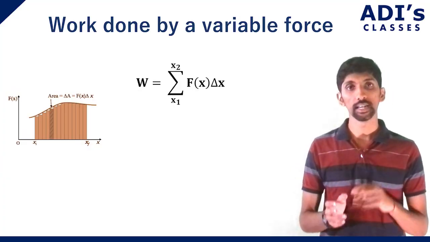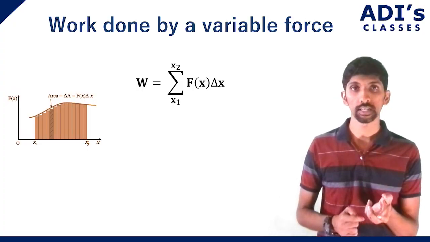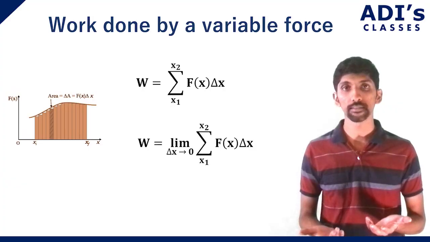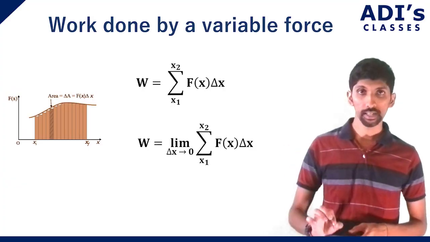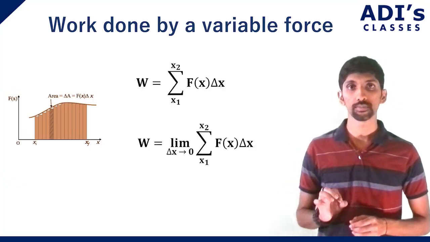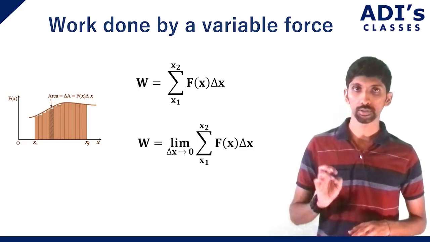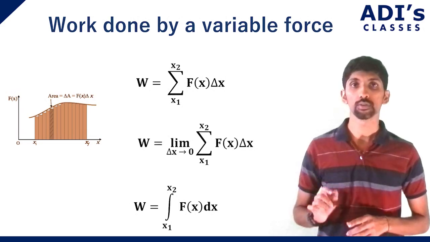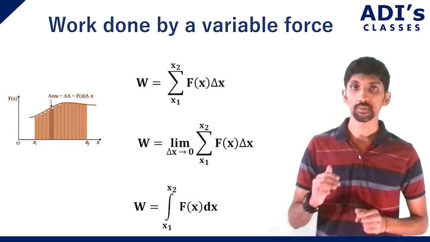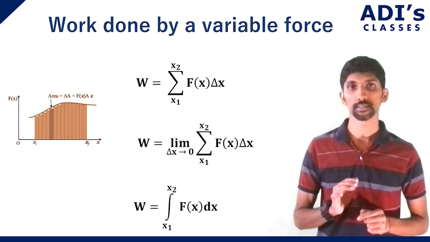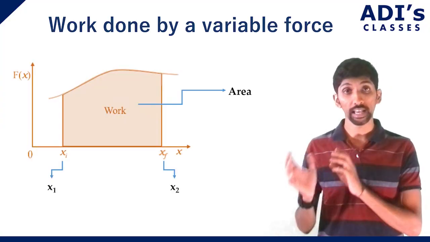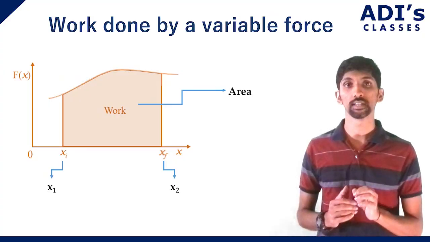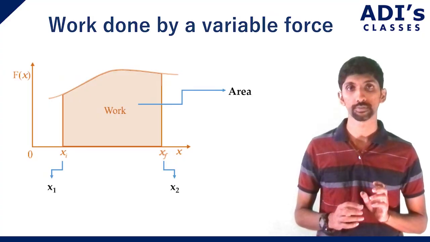Now delta x has to be very small, right? Remember, the smaller the value, the more the accuracy. So we take the limit as delta x tends to 0 of sigma from x1 to x2 of f of x into delta x. This converts to the integral from x1 to x2 of f of x dx. So the area under the whole curve is the work done by a variable force.